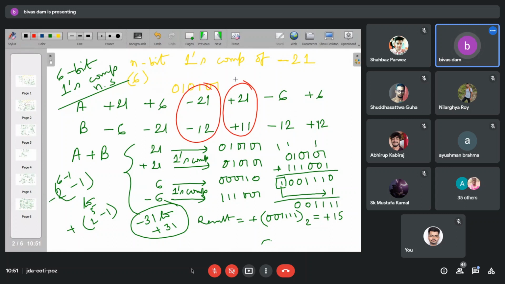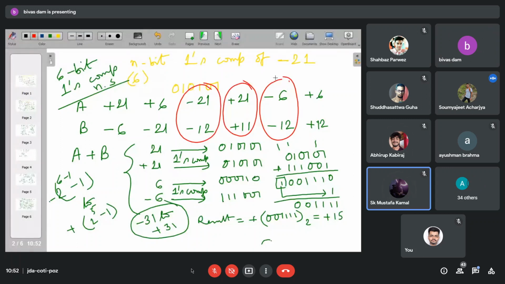Here, there is absolutely no problem. Why? What is the required result? Minus 18. That is well within your range. Now, tell me one thing.